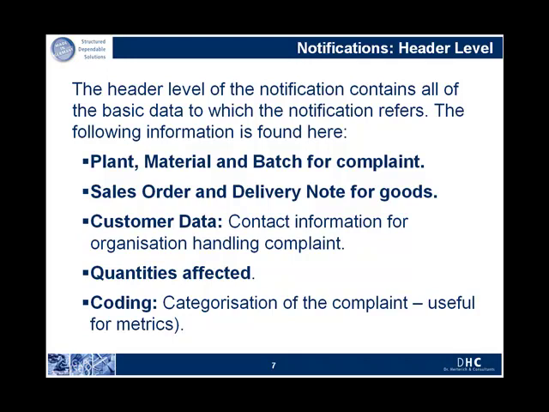The information regarding who the customer is and any contact information will also be stored in the notification. Any quantities affected can also be recorded, and a coding for the notification, that is a categorization at a high level of what the issues involved in that notification are, can be recorded.